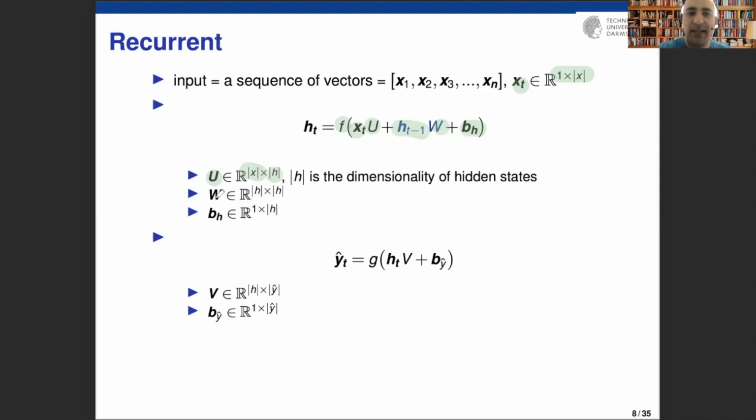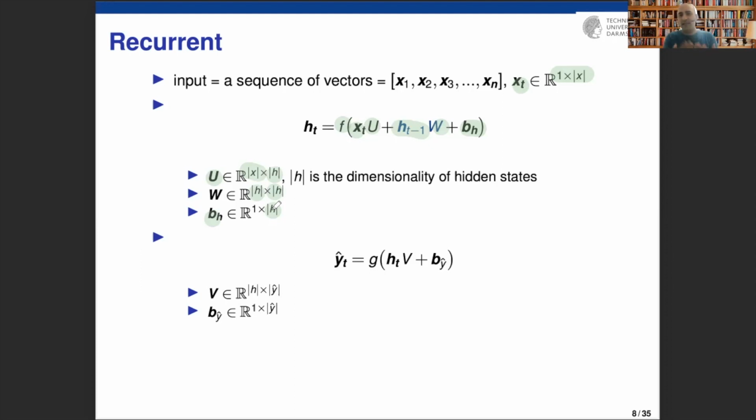And W is another matrix, but W takes the value of the hidden state in the previous step, so its size is still H. So it is H times H, because you want to keep the size as it is. And then the bias is a vector with the size of the hidden state, because at each neuron you add one bias term. All right.